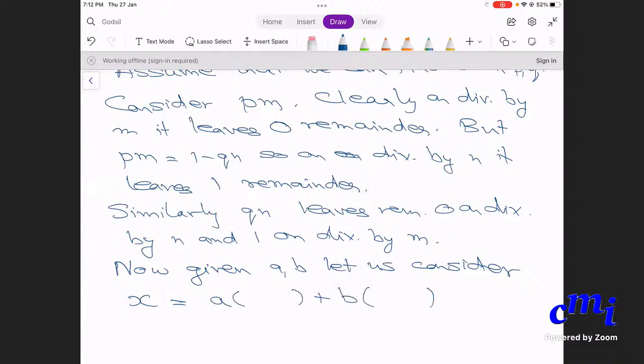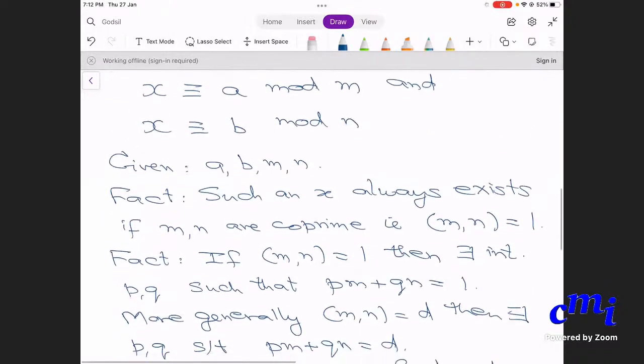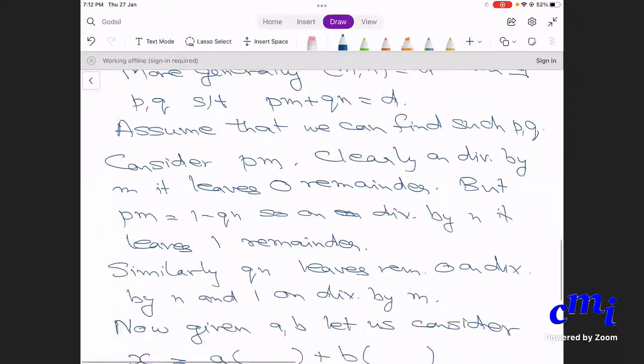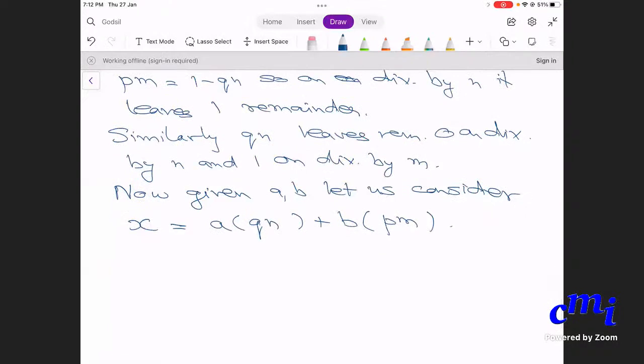It must leave remainder a on division by m, so here you put in the one that leaves a remainder of 1 on division by m. That is qn, and b times pm. So consider this integer, which is aqn plus bpm.